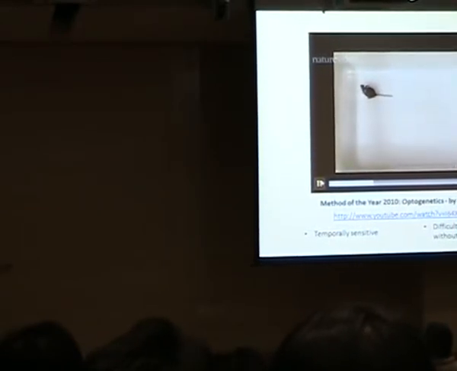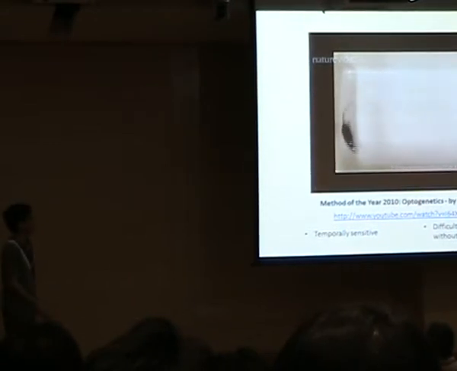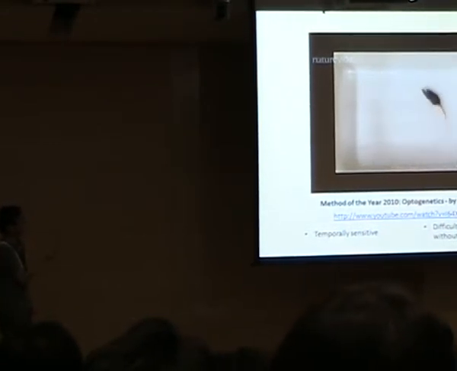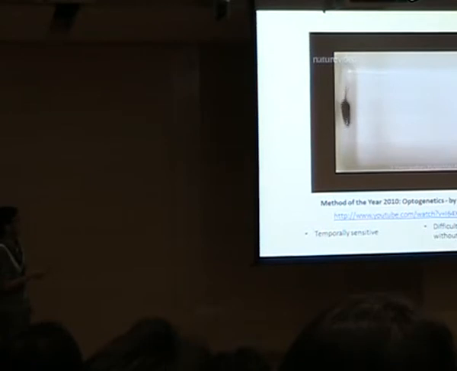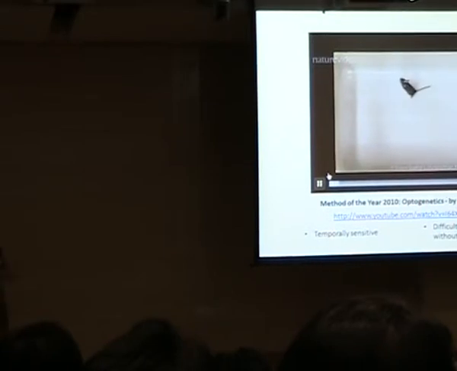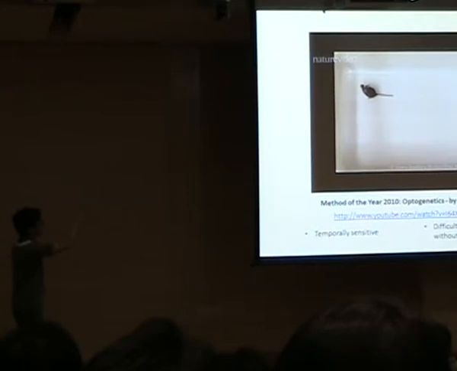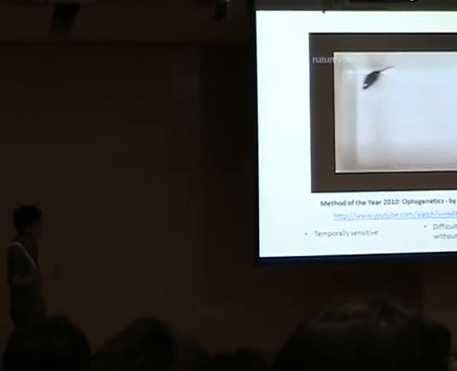So basically, I'll just explain. The mouse has this fiber optic cable that's transmitting blue light to a subpopulation of neurons which controls the movement. And you can see at first, when the blue light is not turned on, it's acting normally. But you can see the blue light is being turned on now, and it starts to move around in a circle.